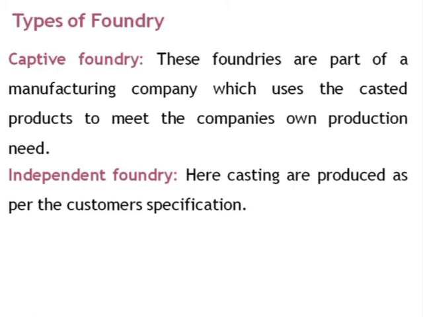In one case, you just take a product or outsource a part from other companies, purchase, assemble it and sell your product. Second is all the parts you manufacture in your unit or in your company, assemble it and sell the product. So what is a captive?